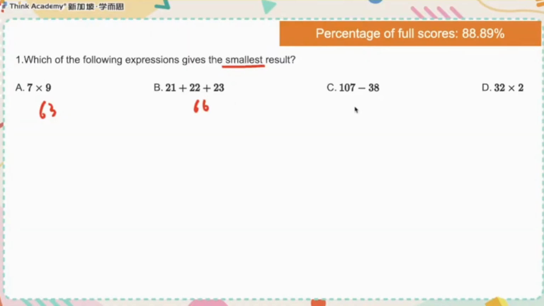Good job. And then option C, type in your chat box. Let me see who is the quickest. That will be 69. And then the last one is 64. Good job. So we can just figure out which one is the smallest. That will be option A. So this is the final answer.